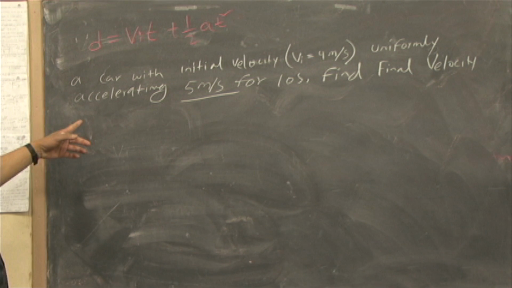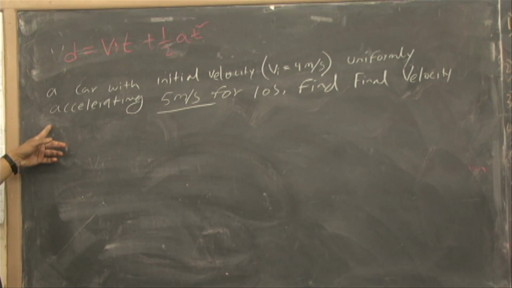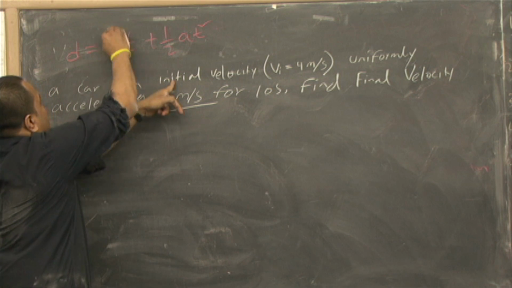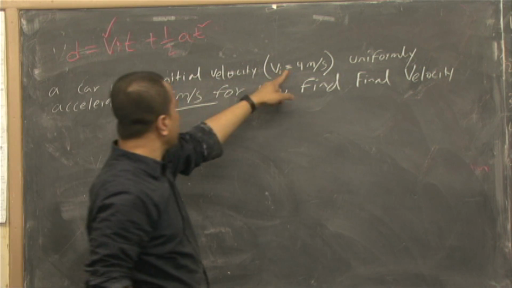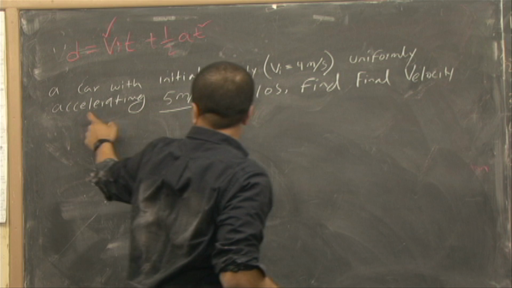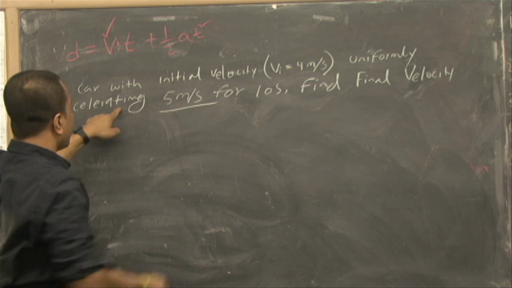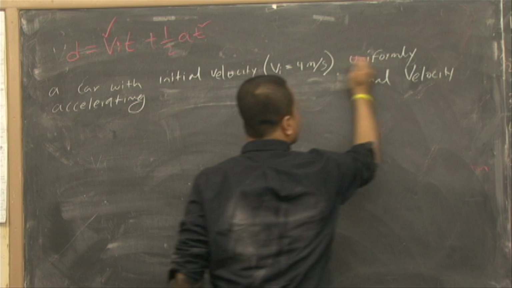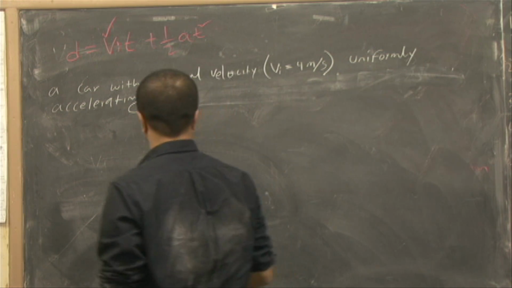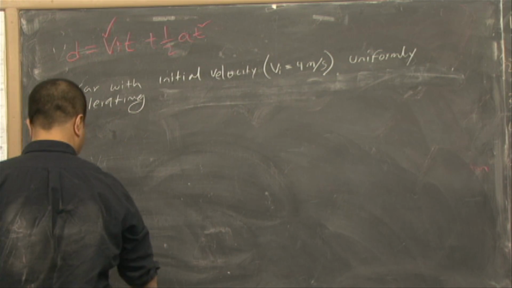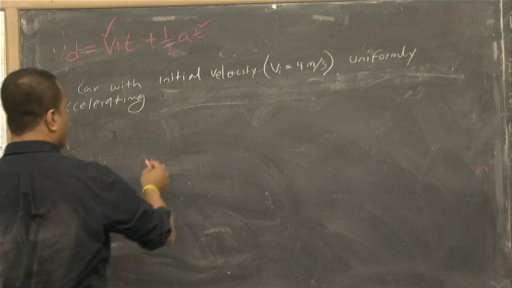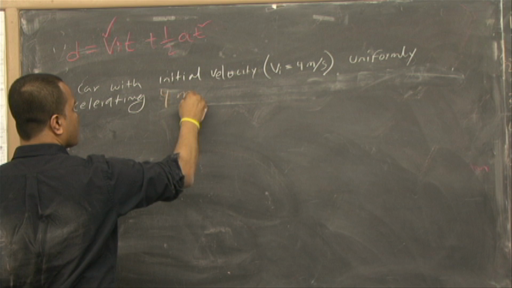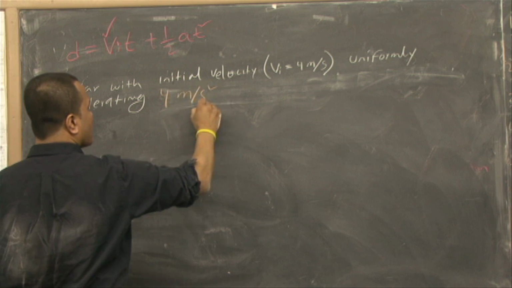So let's see whether we can use this formula, use this question. A car with initial velocity, that condition is met, uniformly accelerating, that's there. Maybe we have to do some modification right here. Whatever we modify, we're going to use a different color. Accelerating 4 meters per second squared.